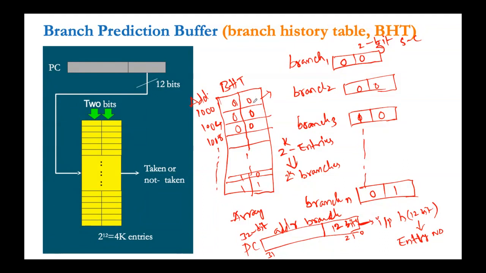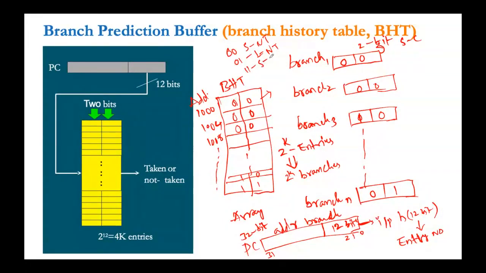If the entry is 00, it means strongly not taken. If 01, it means likely not taken, as we have observed in the 2-bit saturating counter state diagram.